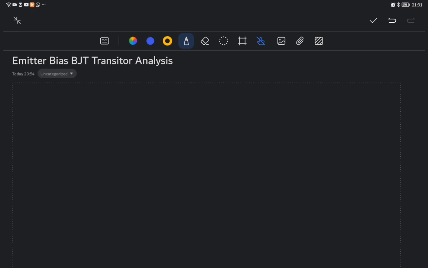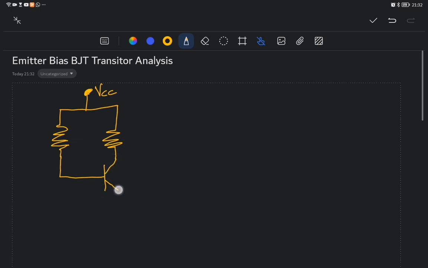Let's draw that. So it's going to be like this. That VCC section, then those resistors which we have, and then let's have that section where we have our transistor itself.